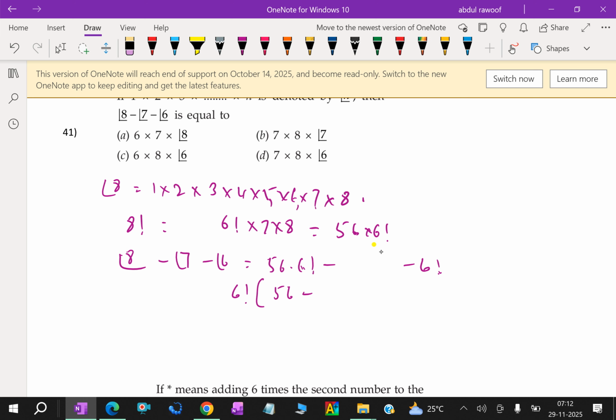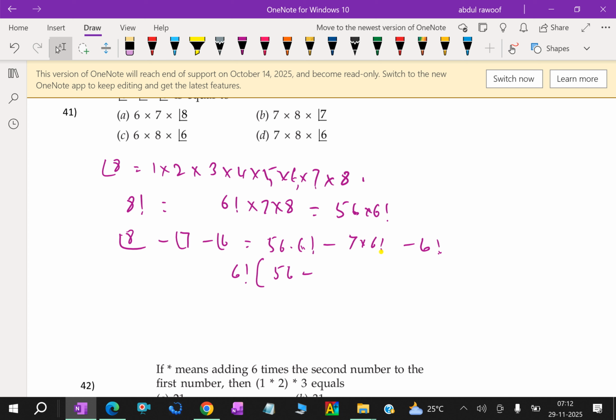So 6 factorial is taken completely out. Which is equal to 6 factorial into (56 minus 7 minus 1). 56 minus 7 is 49, minus 1 is 48.